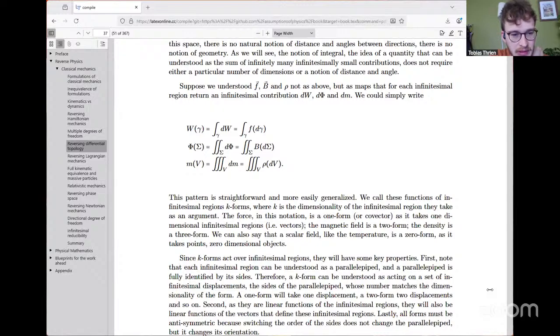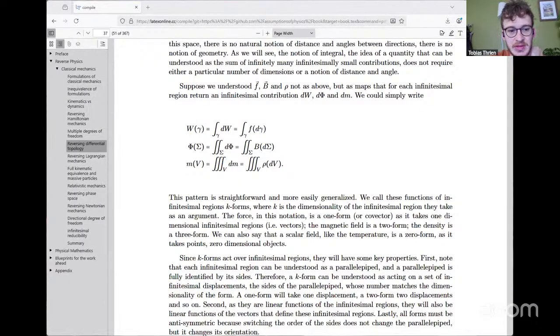And similarly, we basically don't have any kind of inner product anymore. We just have functions that take infinitesimal somethings. This pattern is straightforward and more easily generalized.